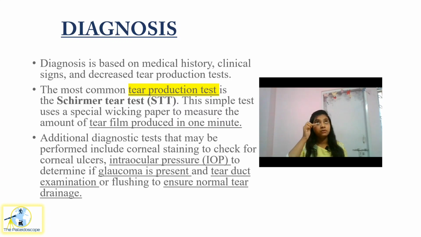Additional diagnostic tests may be measuring of intraocular pressure to check whether glaucoma is present or not. Then tear duct examination may be done to ensure normal tear drainage. These are the main diagnostic procedures. Apart from that, history and clinical signs are always taken to diagnose any case.